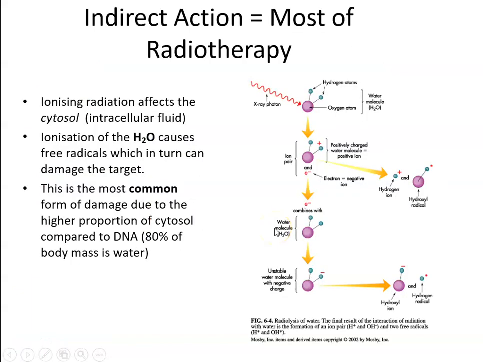And this is shown in more detail here, so we can see an X-ray photon coming in, hitting a water molecule. Now, as that photon's absorbed and we emit an electron from that atom, you will end up with what we call an ion pair here.